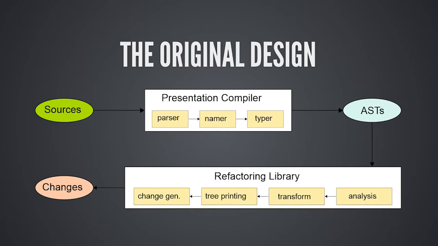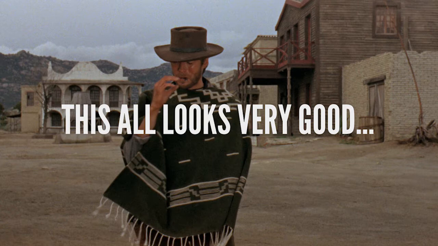So there's this phase called tree printing that is responsible for doing this transformation back into source code, and as soon as this is done, the rest is rather straightforward. Then changes can be generated accordingly, and in the end consumed by an IDE to perform the refactoring for you.